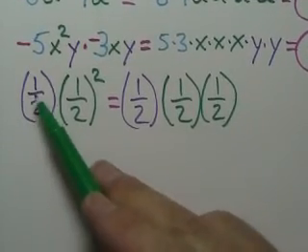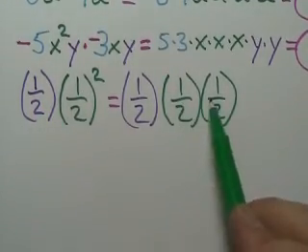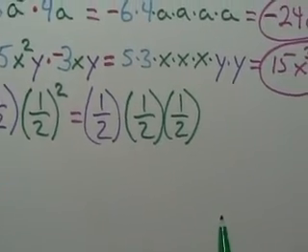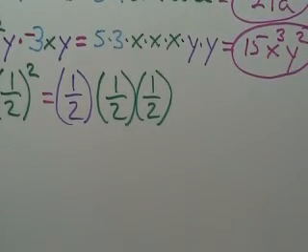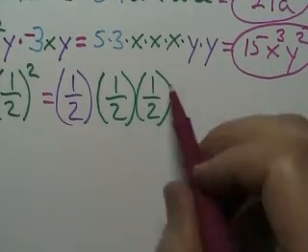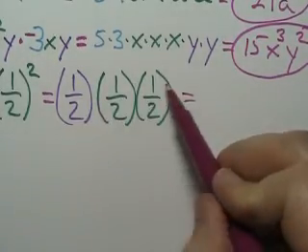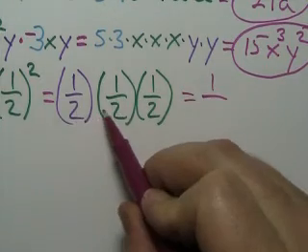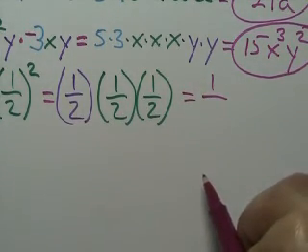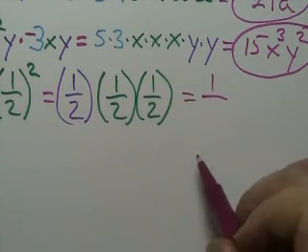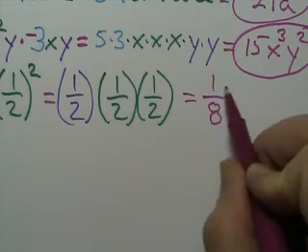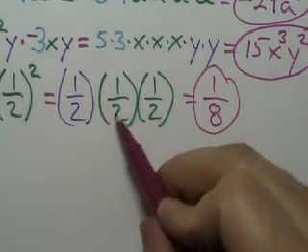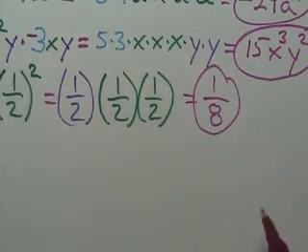Right? Because that's one of those, and there's 2 of these. So now I can just multiply. And remember, when we're multiplying fractions, we just go straight across. 1 times 1 times 1 is 1. 2 times 2 times 2 is... No, it's not 6. It's 8, because that's 4. 4 times 2 is 8. 1/8 is the answer.